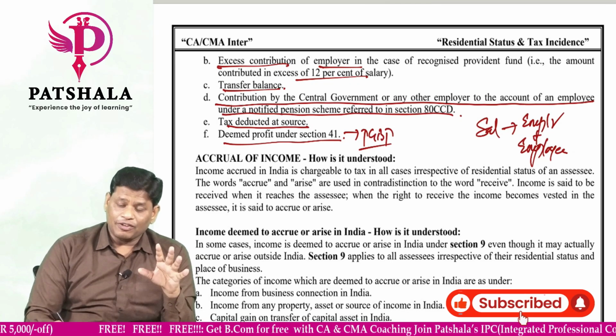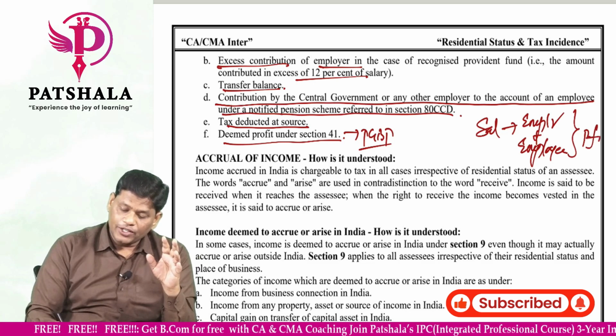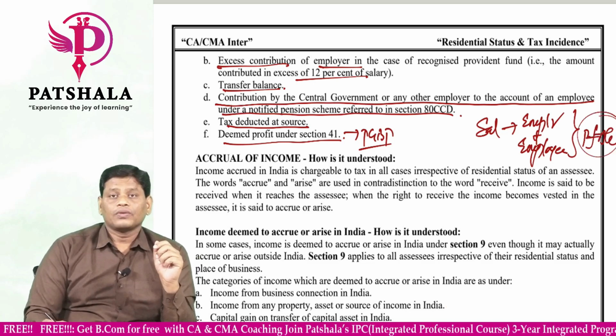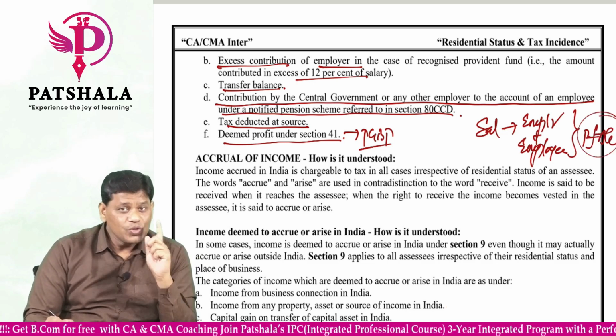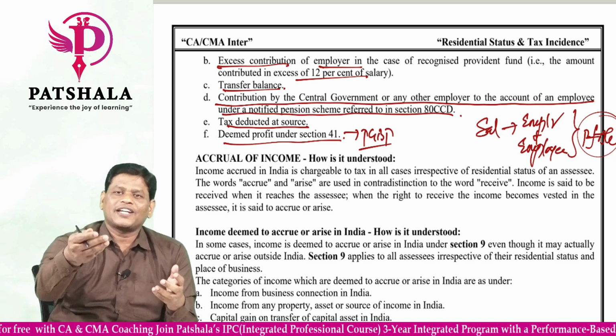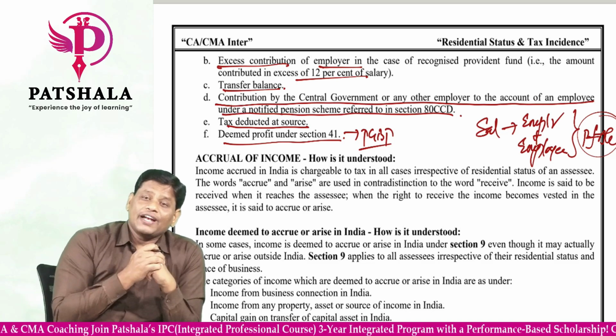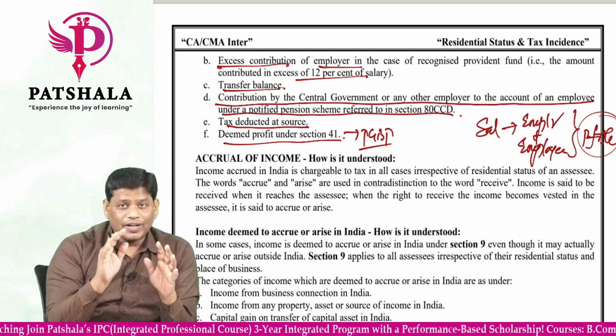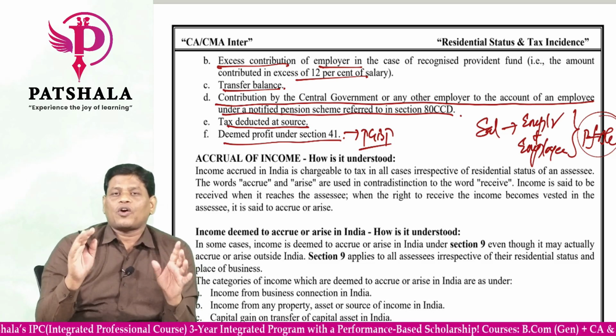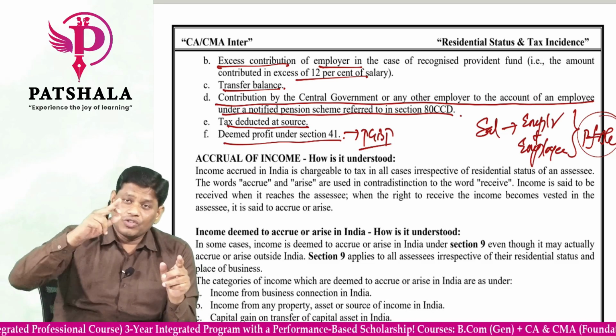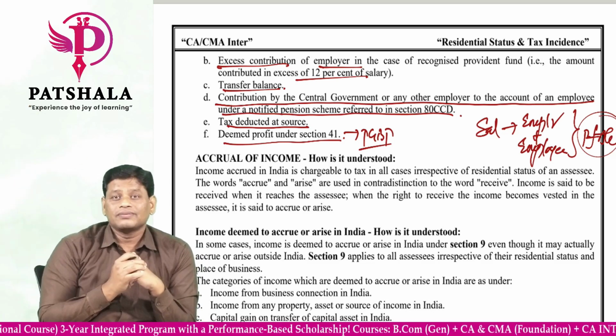It will be deducted from his salary and deposited in your PF account. Whose PF account is that? Your PF account. So when it is deposited in your PF account, who received it? You received it. But do you have control now? No. Because provident fund is one of the retirement benefits which will be paid at the time of retirement.